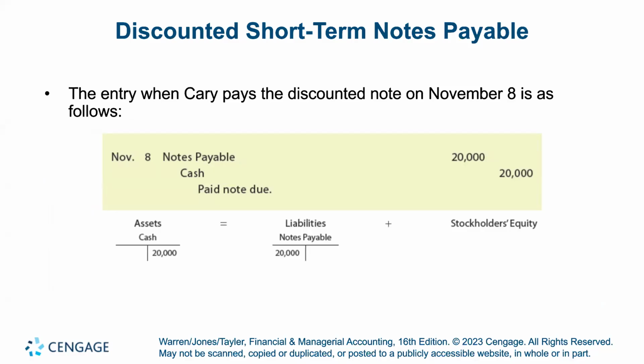All right. So a weird thing that they sometimes do is what's called discounting notes payable. So instead of I give you $20,000 and then you give me $20,000 plus interest at the end of it, what they do sometimes is they discount the note, meaning I'm going to give you an amount equal to the amount you want to borrow less interest.